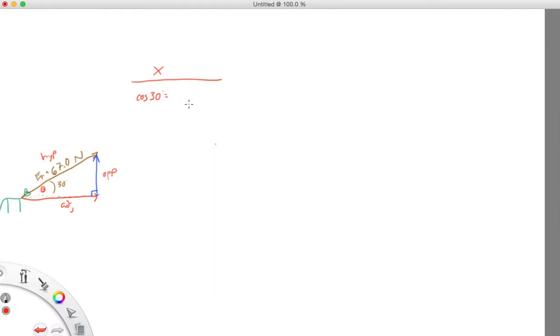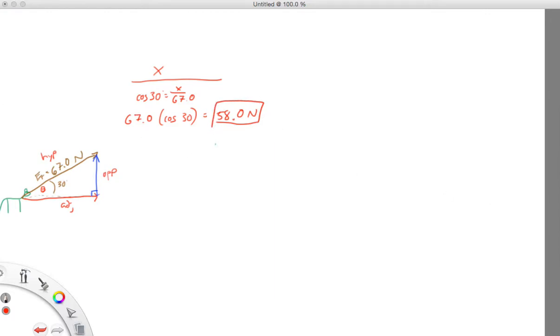Cosine of 30 will equal x over the hypotenuse. The hypotenuse is 67.0. So to find x, all you do is take 67.0 times cosine of 30. When you do this, you're going to get 58.0 newtons. That's the X component of the tension force. That's part of your answer.